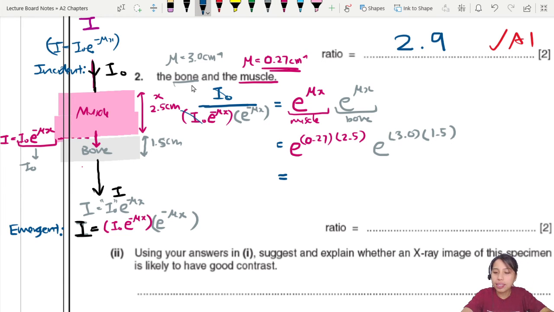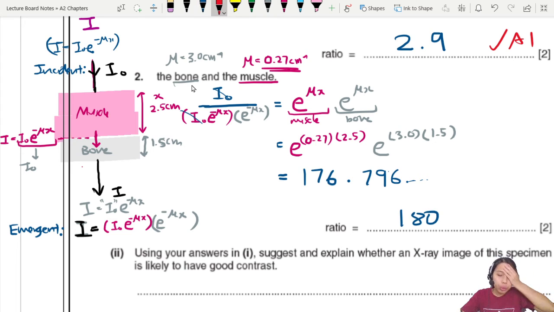Now the final answer is a huge ratio. You will get a value of 176.796666 and so on. I'll just round it off to 180, to 2 significant figures. Whew, this is 2 marks.